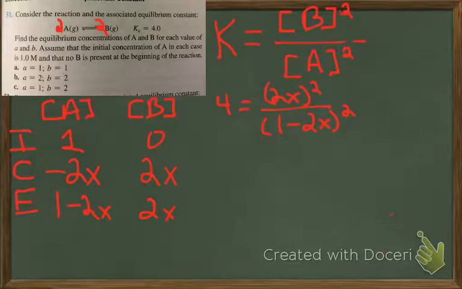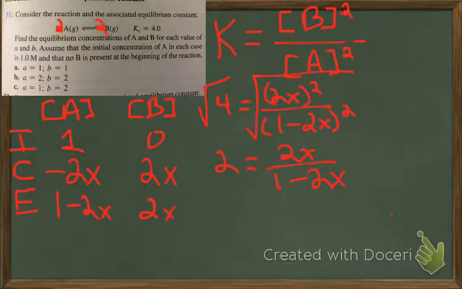Can you just square root all of it? Yes, we can. You're looking at it and thinking that algebra looks rough, doesn't it? The good news is we can take the square root of both sides. The square root of that and the square root of that leaves me with 2 equals 2x over 1 minus 2x, which is a lot easier to solve algebraically, isn't it?